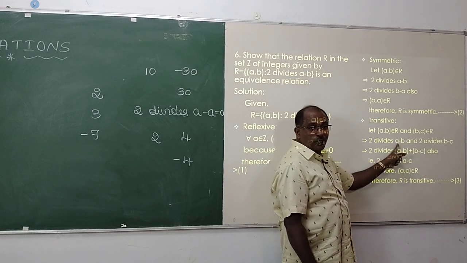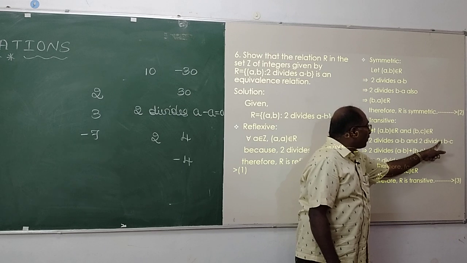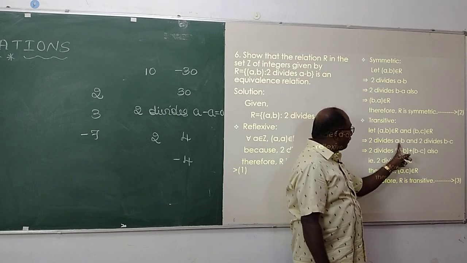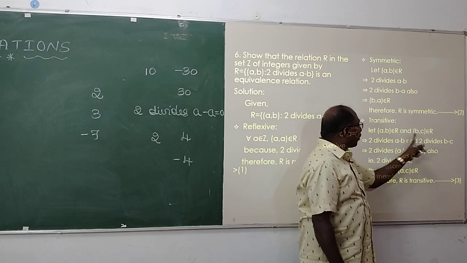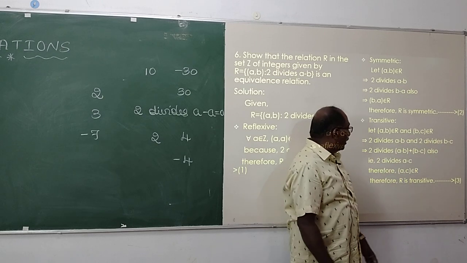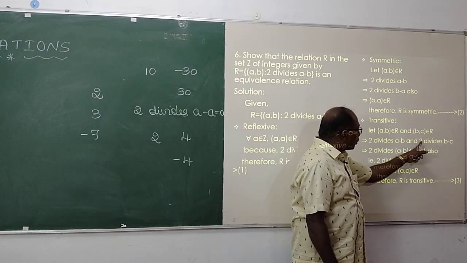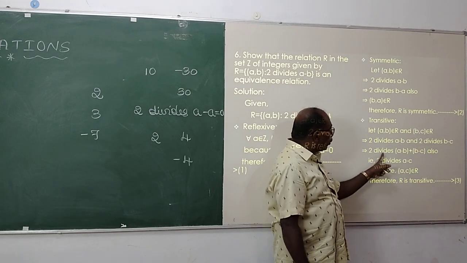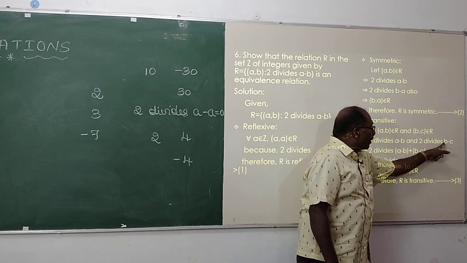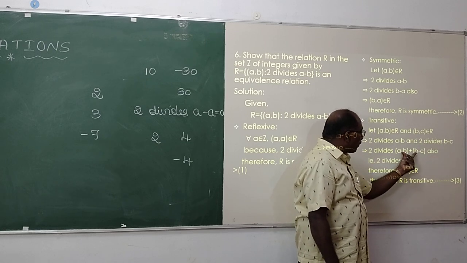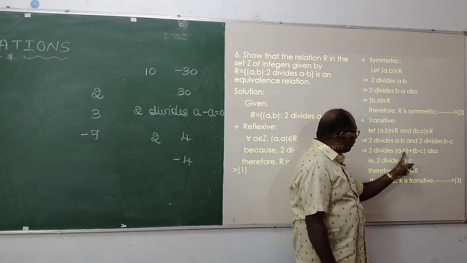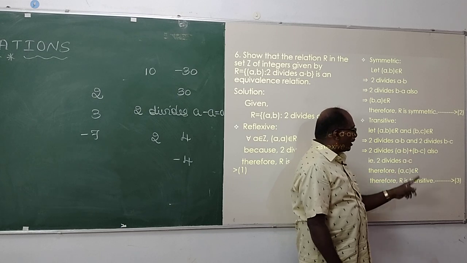Therefore, 2 divides the sum of a minus b and b minus c, the difference of them, and also the product of them. So 2 divides (a minus b) plus (b minus c). The simplest form of this expression is a minus c, since minus b plus b cancels.